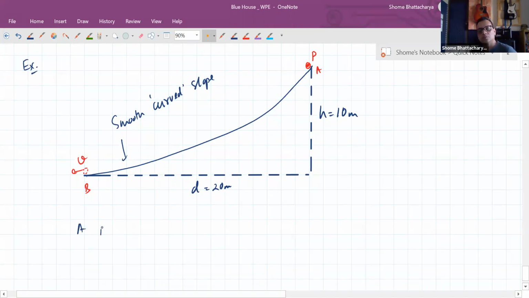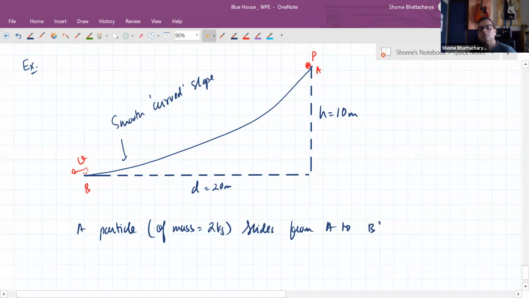So a particle of mass, suppose 2 kilogram, slides from A to B down the curved smooth slope. Okay. Take g equal to 10 meters per second square.